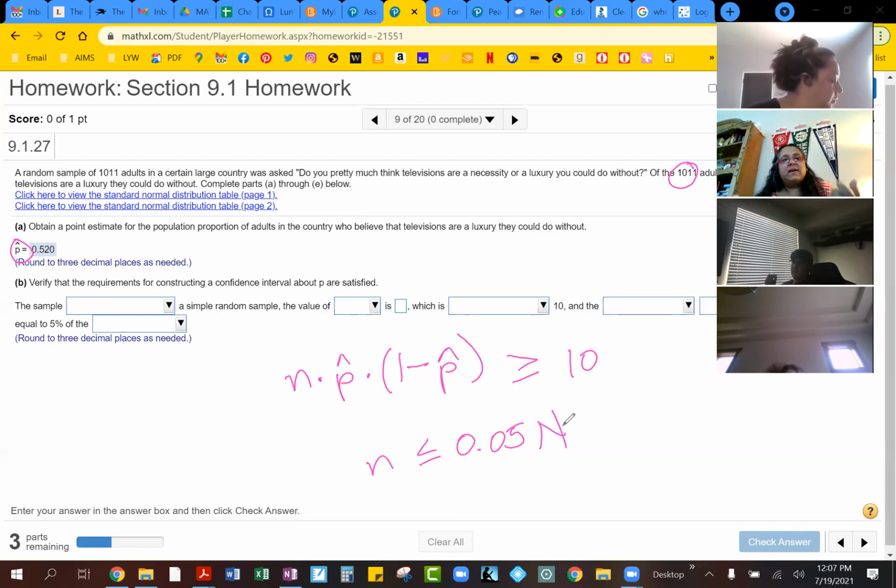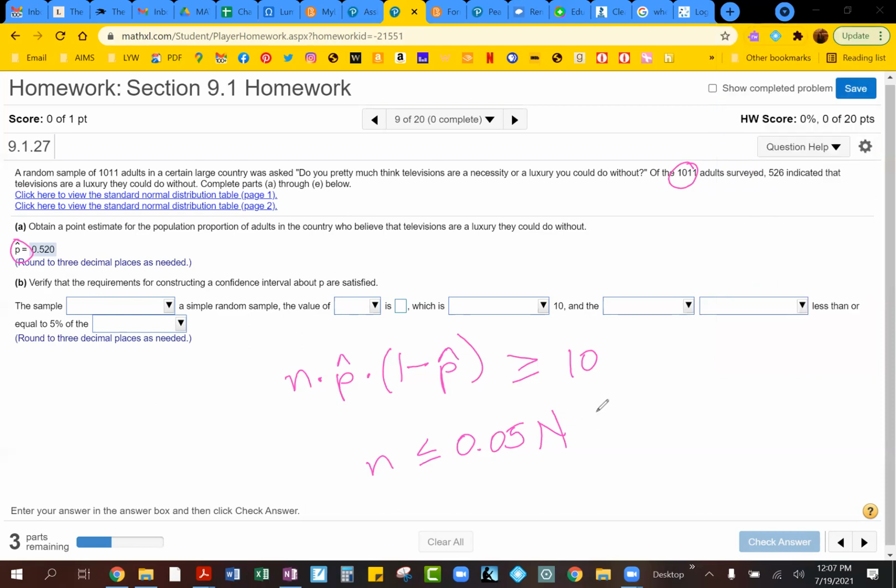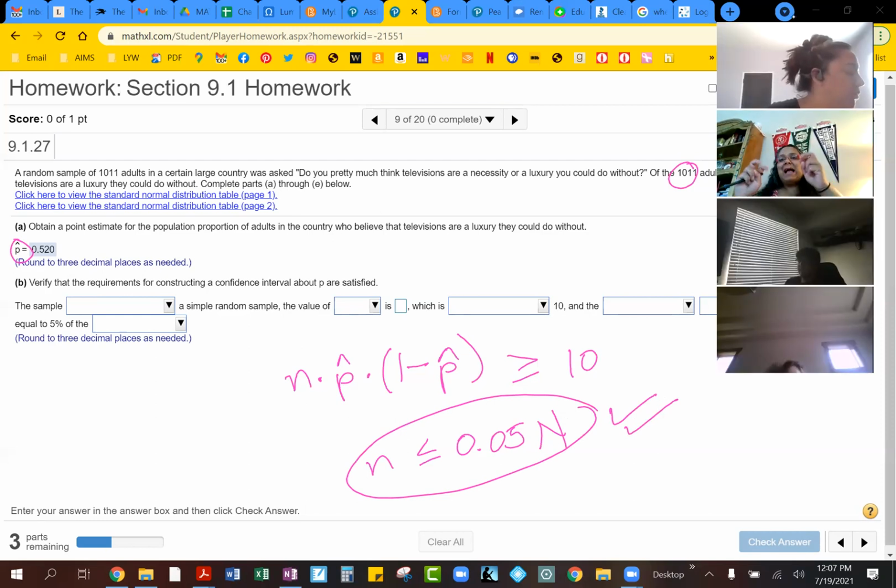The little n, of course, is those 1,011 out of the entire population that we are surveying. So a lot of times we actually assume that this is going to be correct because we don't know what country this is. We don't know what their population is. So we really cannot do a calculation per se to see, do we have at least 5% of the country's population in this survey? So usually we say, yes, we are meeting this need.